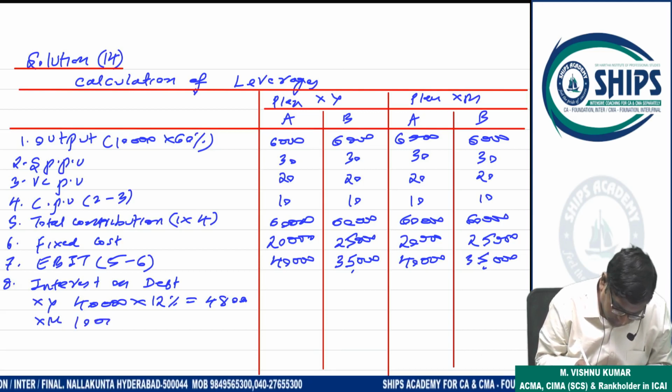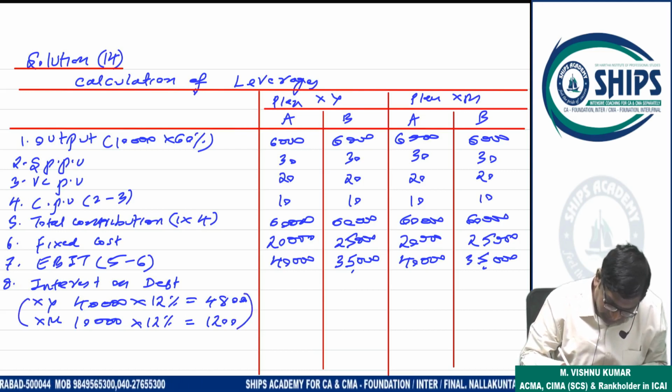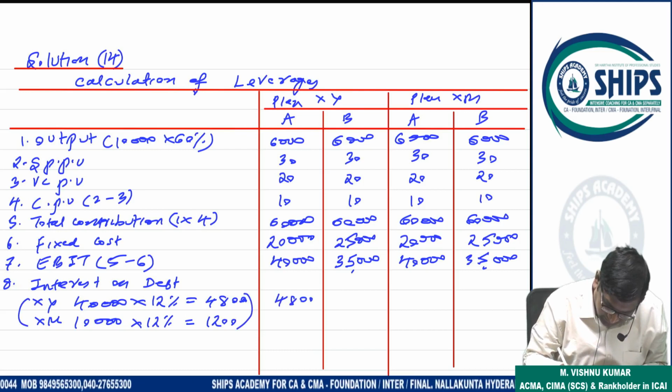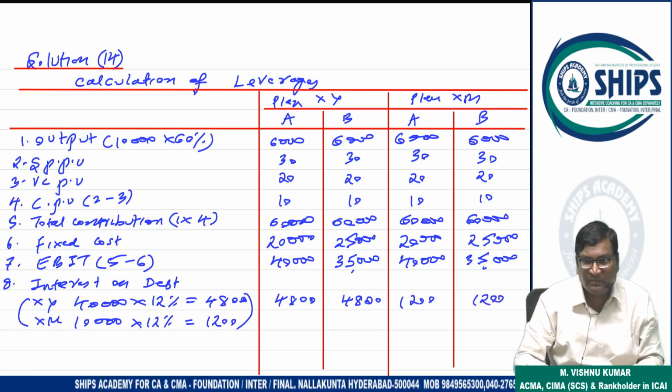XM: 10,000 into 12%. Okay. XY has 4,800 interest. Here 1,200 interest.